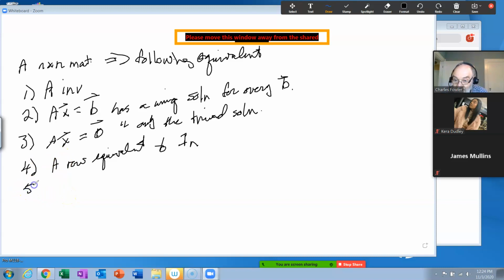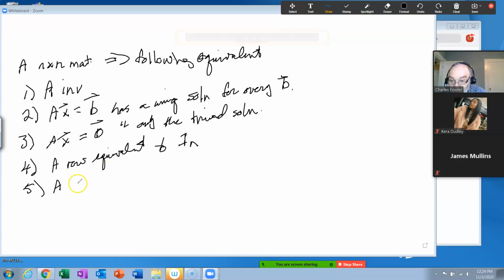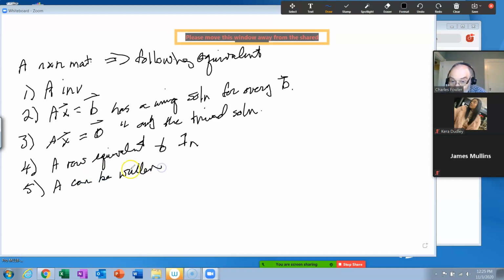Now the last thing that we did, we said that A can be written as the product of elementary matrices.